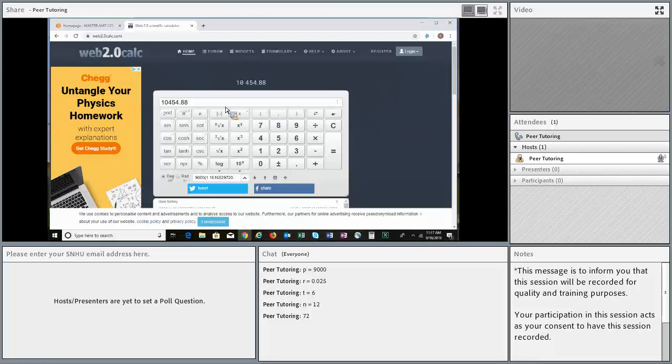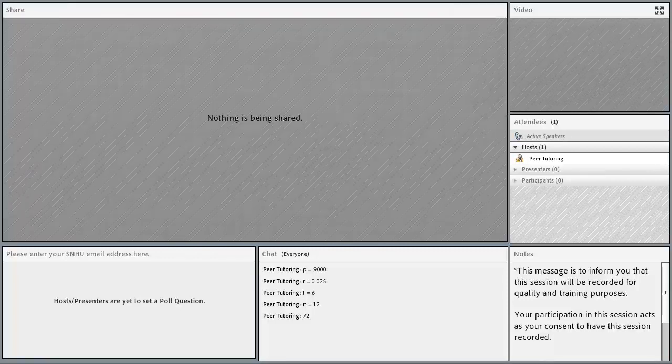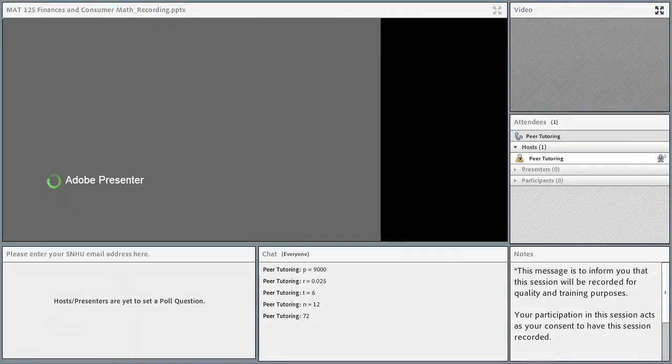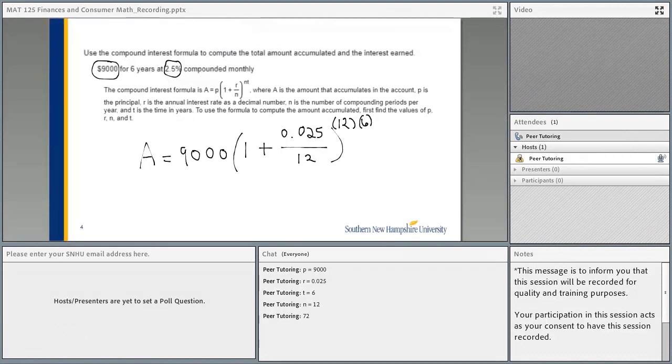So using that number, that's for the first part of the problem. Jot down that number. We've got 10,454 and 88 cents. So let's go back to our original question and see what we're actually looking for.